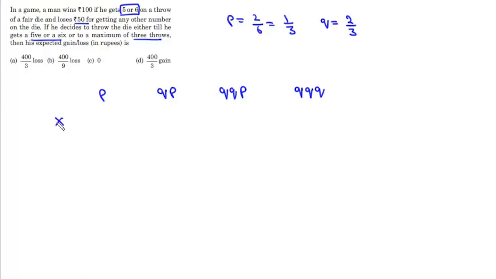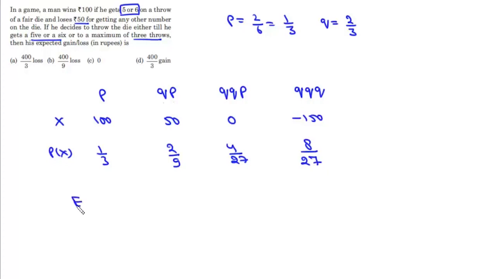Now in this case, the value of the random variable will be, if he wins, 100. Now if there is a loss and a win, it will be 100 minus 50, so it will be plus 50. Now 2 losses and 1 win, so the value of x is 0. And then 3 losses will be minus 150. And their respective probabilities are 1 by 3, 2 by 9, 4 by 27, and 8 by 27.